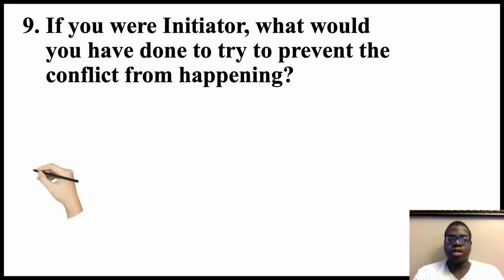Read the question. Question 9. If you were initiator, what would you have done to try to prevent the conflict from happening? Think about the snippet. Now think about responder's emotional response. What would I have done differently so that the conflict would not have happened? I would not have flung papers on her desk.